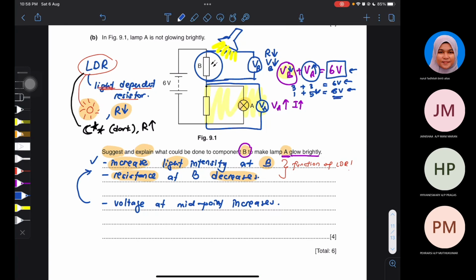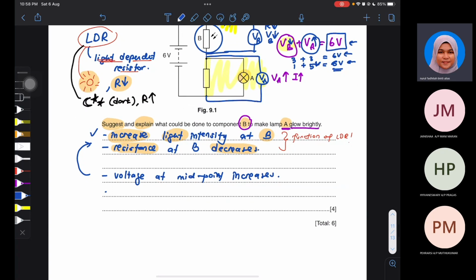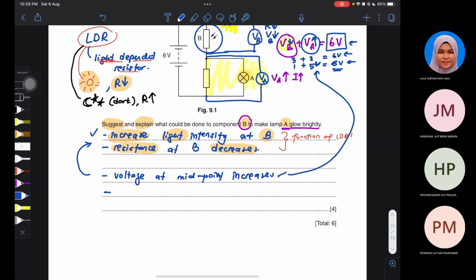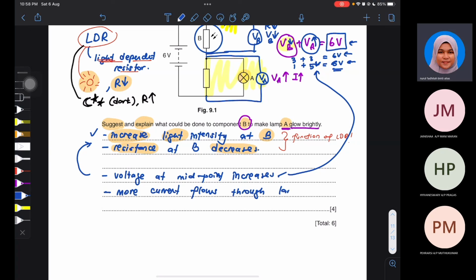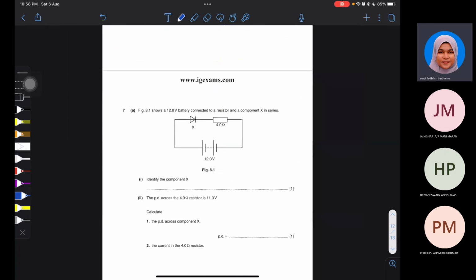Faham tak? Alright, jadi kita kata dekat sini voltage at midpoint increases. Okay, hence, therefore, more current flows through lamp.